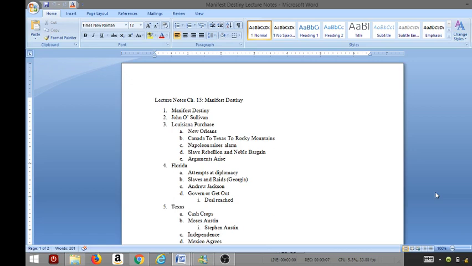In addition, there were tensions rising between the French and the British, which Napoleon knew was going to lead to war soon, and he feared possibly losing the territory anyway to the British, so he figured selling it to America would be better.